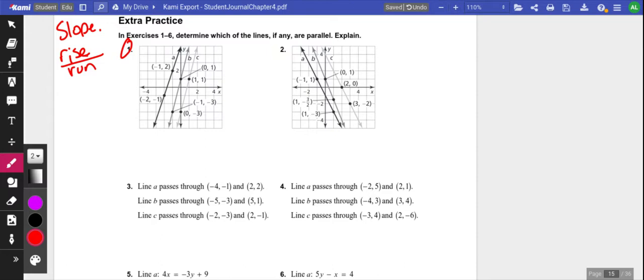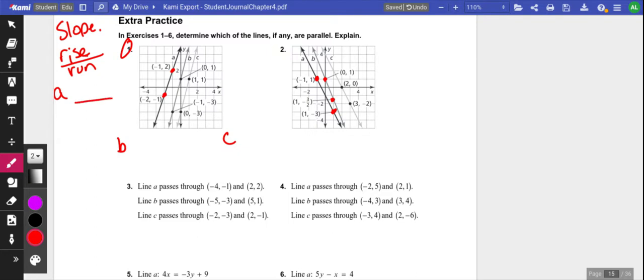Okay, so we're going to figure out the slope for A, B, and C, and we'll see which lines are actually parallel to each other, is it all three, is it just two. Okay, so for A, remember when we're finding these slopes, we always want to go from left to right. If I was looking at number 2, I'd want to go from this point to this point. Okay, you always want to go from left to right. I think that's the easiest.